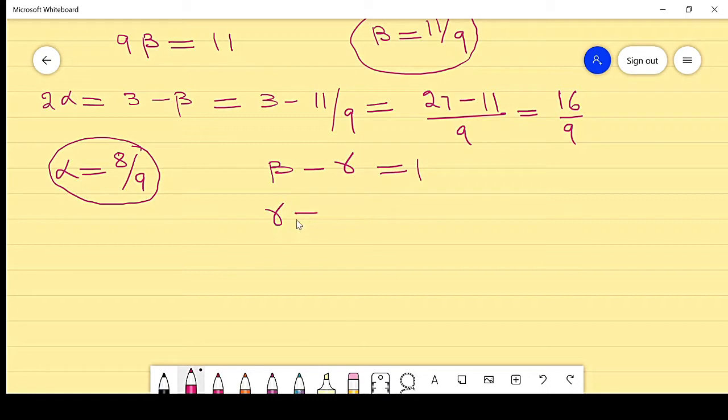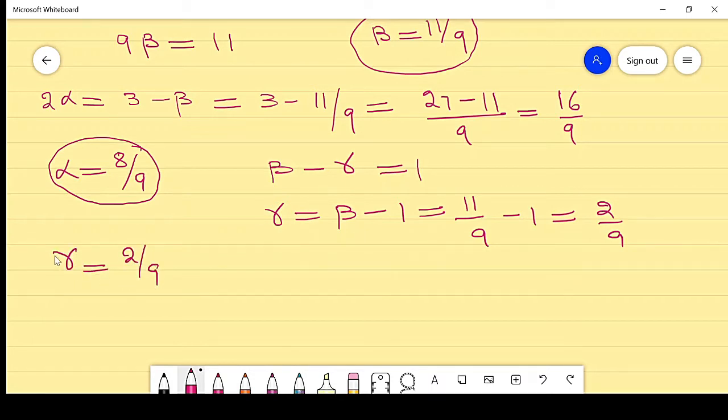So gamma is equal to beta minus 1. So what is beta? The value of beta is 11 by 9, minus 1. So this is 2 by 9. So we get gamma equal to 2 by 9.